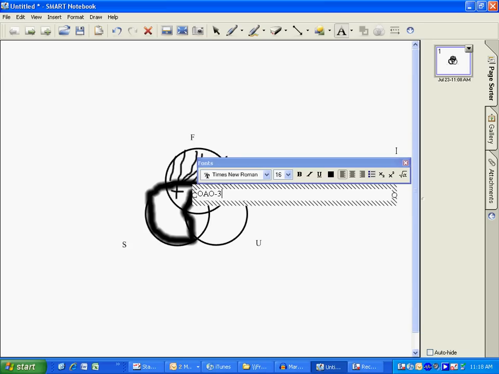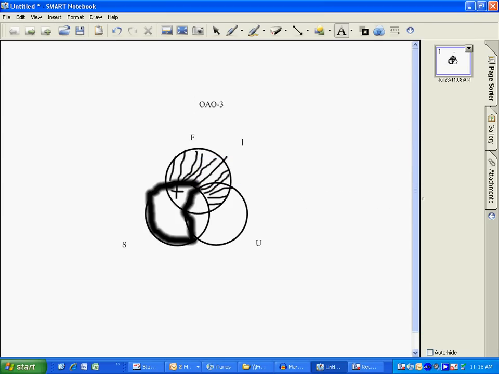OAO-3 is what our syllogism is. Now we're going to take this box and we're going to move it up so it's out of the way. So we know this is an OAO-3, and then we look at the chart in the beginning of our book and we look under figure 3 and we see OAO so that we know that it's valid.